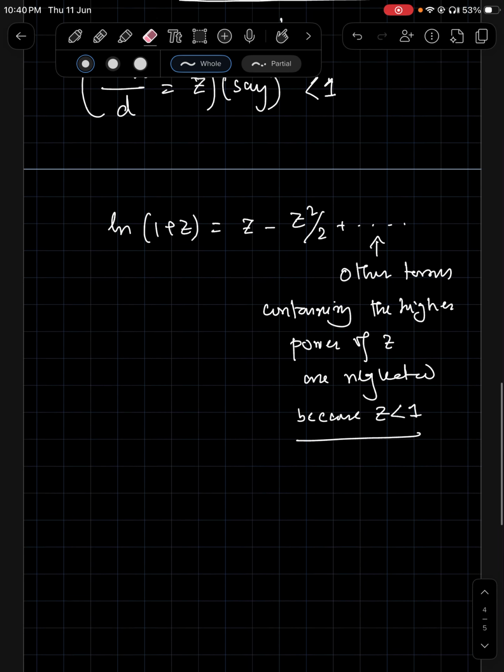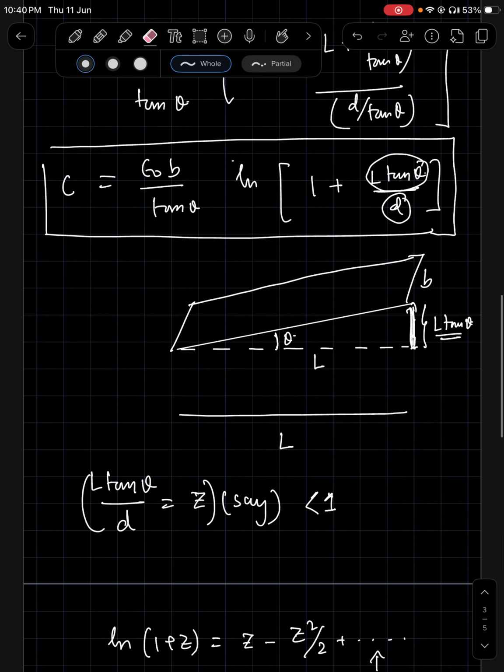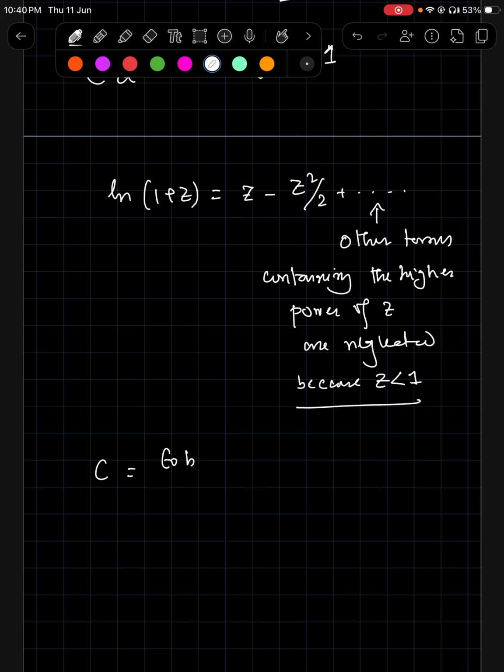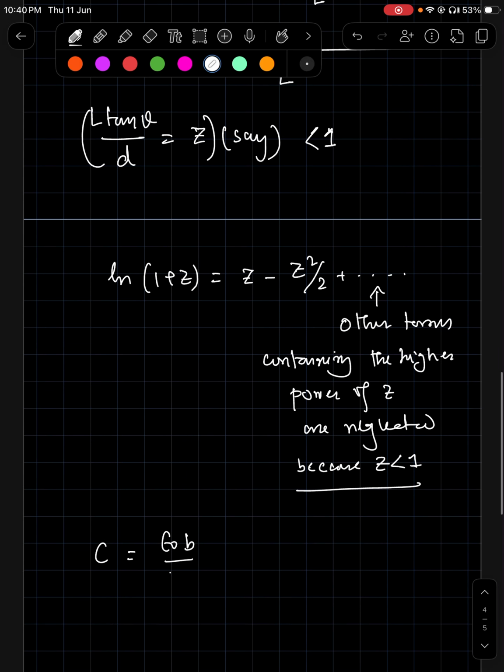Now, we have taken Z as L tan theta by d. So the final expression, I write C as epsilon B by tan theta times (Z minus Z square by 2).